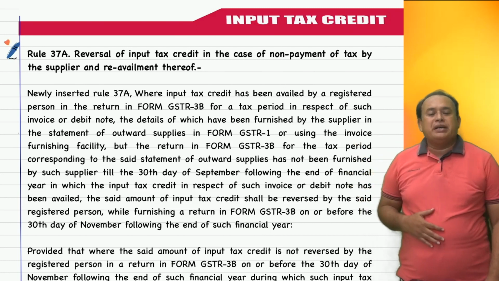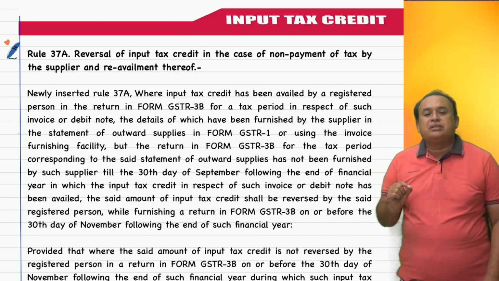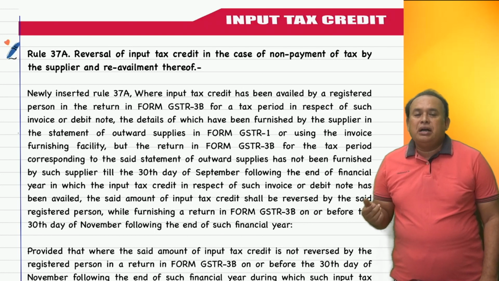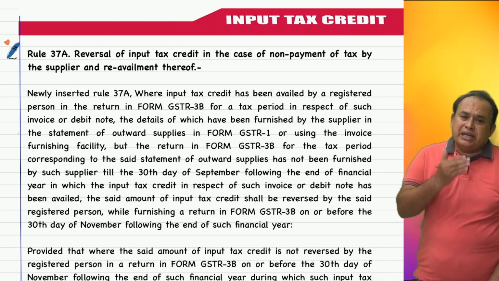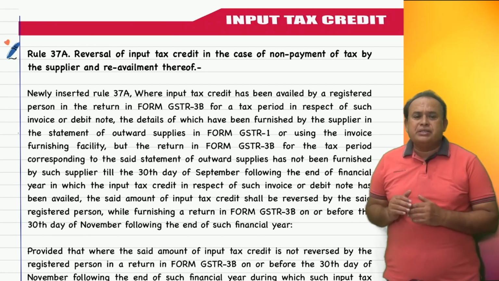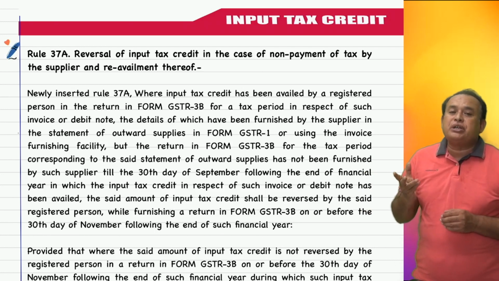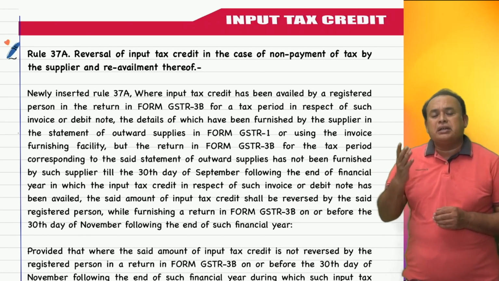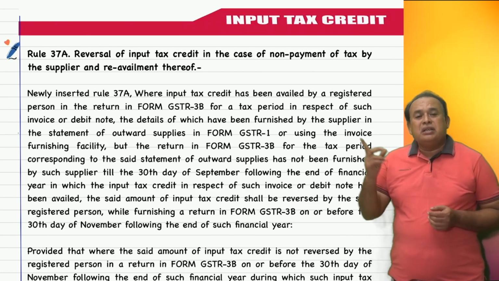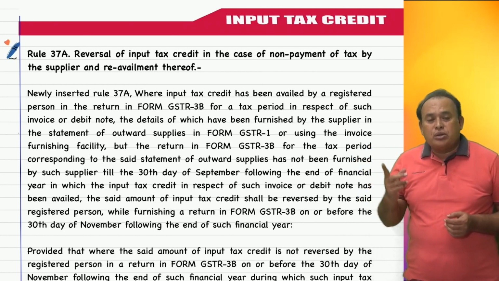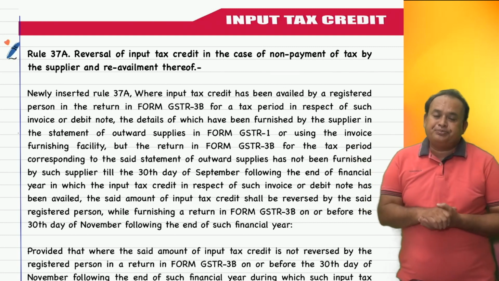One of the important amended provisions under input tax credit is rule number 37A: reversal of input tax credit in case of non-payment of tax by the supplier, thereafter reavailment of credit. What do you mean by this? As you are aware, under section 16 subsection 2, one of the important conditions to avail input tax credit by the recipient is that the supplier of the goods or services should make the payment to the department.